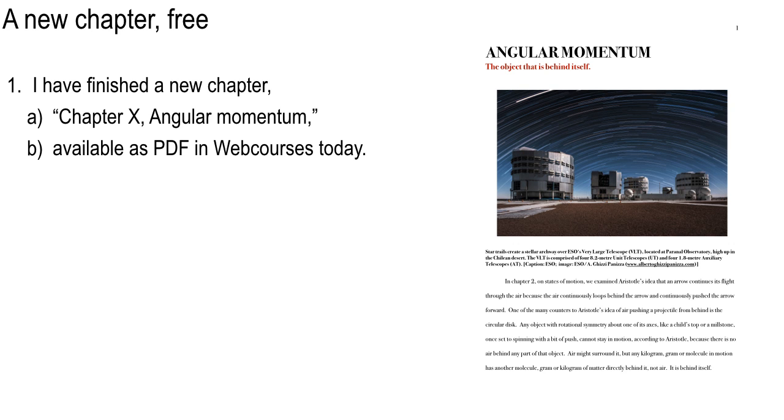So we'll just call it Chapter X, Angular Momentum, and it will be available in web courses today as soon as I dismiss lecture. I've loaded it up into web courses, and I'll put a link on the homepage for you to look at it. This is the first page of it.